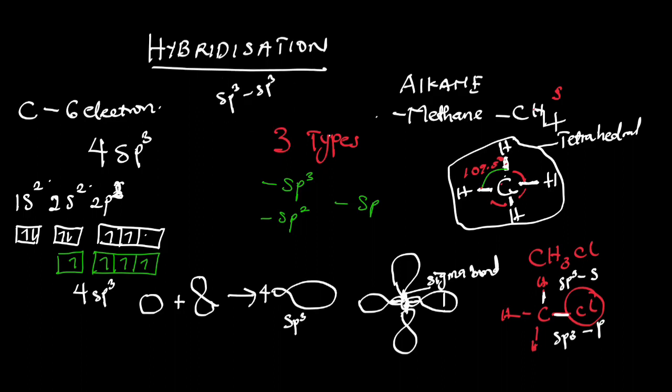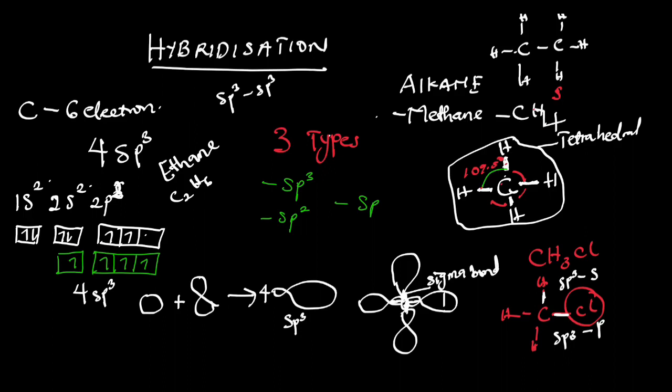We can see it in ethane, which is C2H6, isn't it? Okay, let's see how it goes. So we have C, something like this, and then we have 1 2 3, 1 2 3, which is 6. Just fill in your hydrogen.